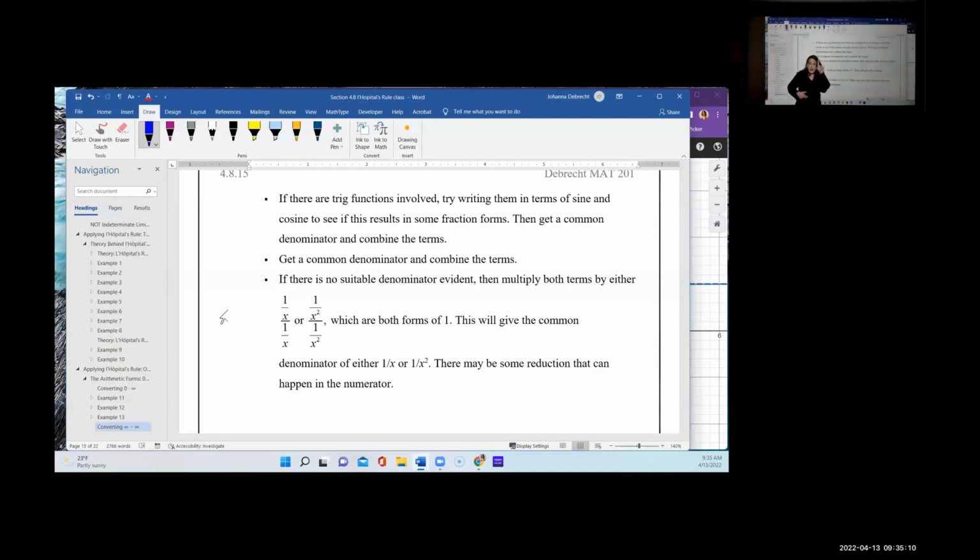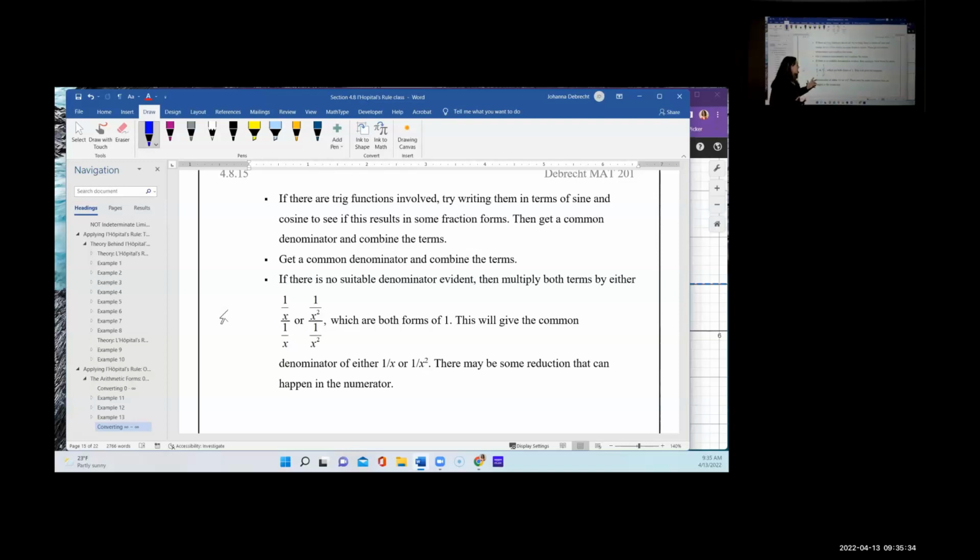All right, remember, you've got to have one fraction. You can't have two terms, and that's the problem with infinity minus infinity. You have two different terms, and you need one term that's a fraction. So you're going to either multiply or divide by something, or you're going to rewrite the trig forms so that you can get a common denominator.